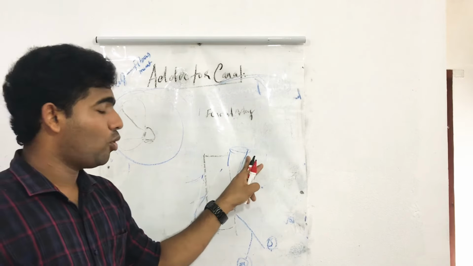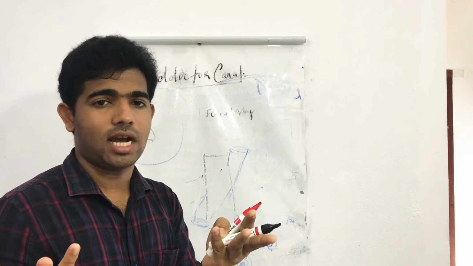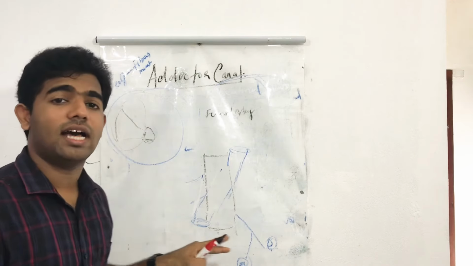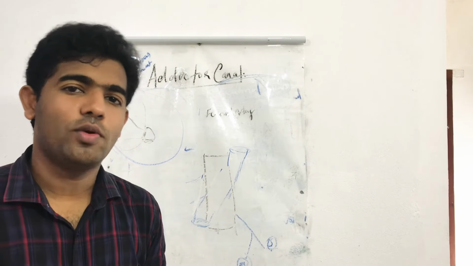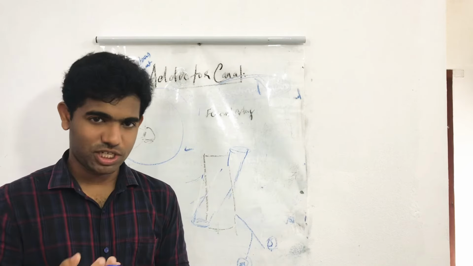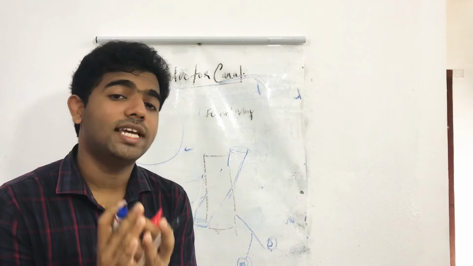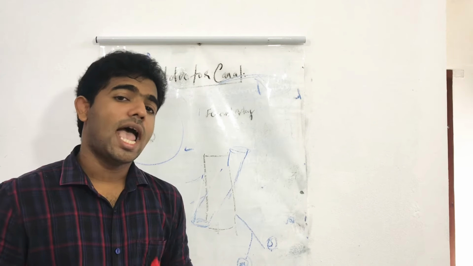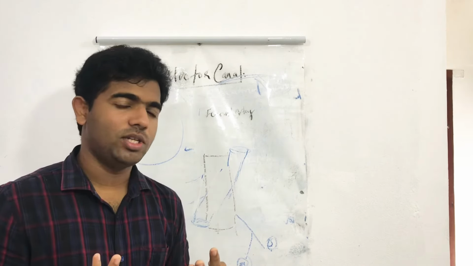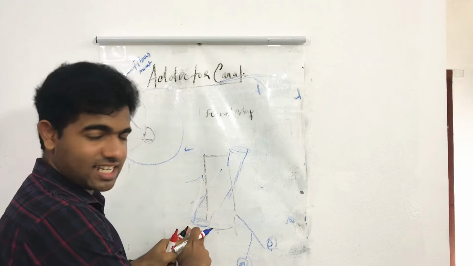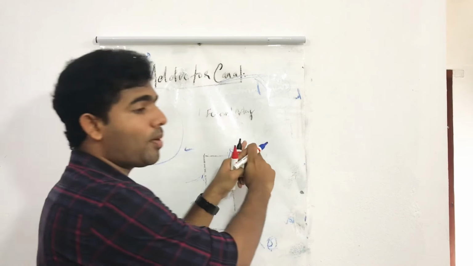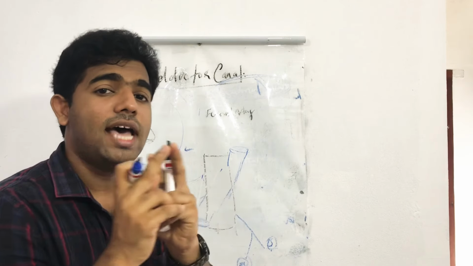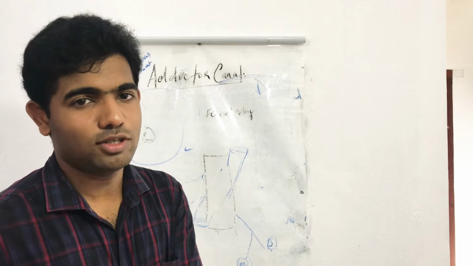It lies posterior to the femoral artery in the upper part and lateral to the femoral artery in the lower part. So that is the relationship. The femoral vein is the upward continuation of the popliteal vein, and it is seen at the upper part posterior to the femoral artery and at the lower part lateral to the femoral artery. That's all about the femoral vein.